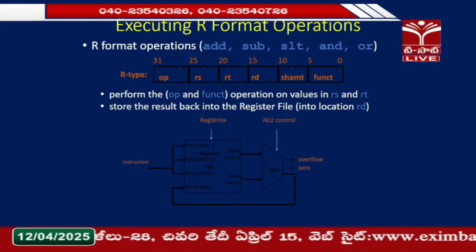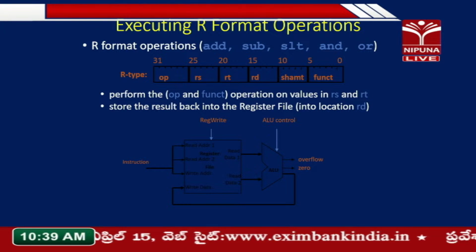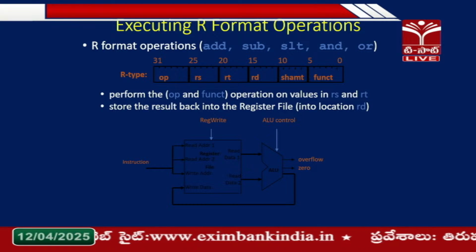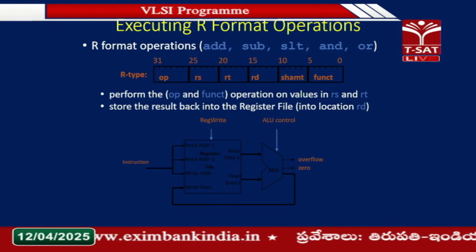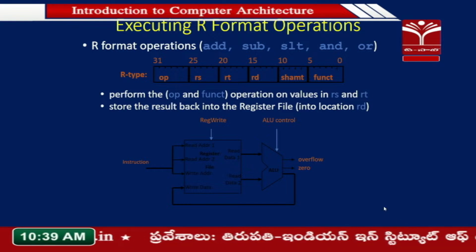So, if you have, let us say, 2 variables that you are adding, and one variable is in the second register, the other variable in the fourth register, those 2 registers are read and the data comes out on the read data 1, read data 2, and then the ALU performs the actual operation.